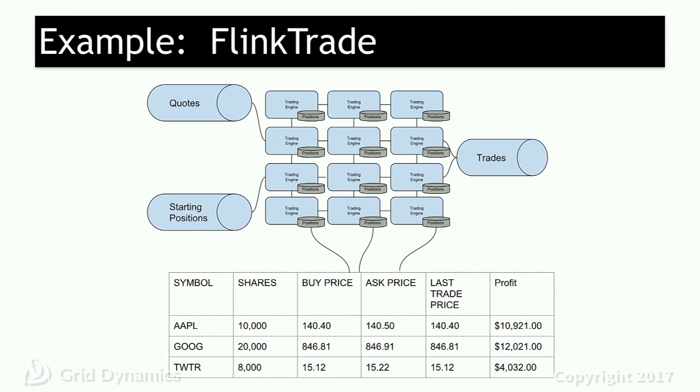And each one of these is a little state machine over some subset of the keys, right? But it doesn't imply lots of connections. There's a connection, say, from this quote stream to one trading engine. So they're each connected. Does that make sense?